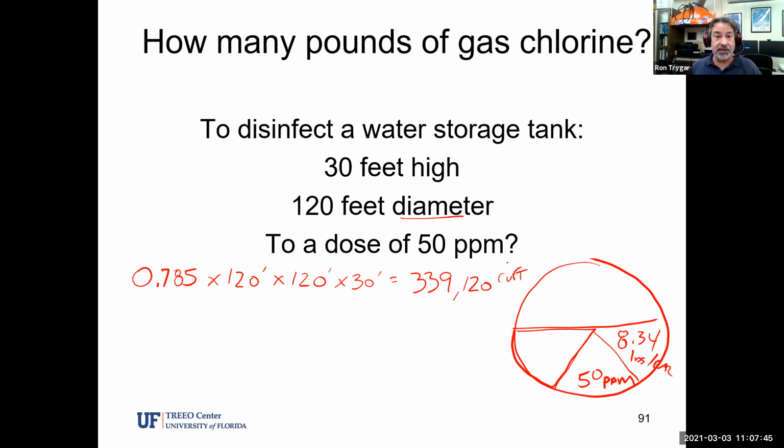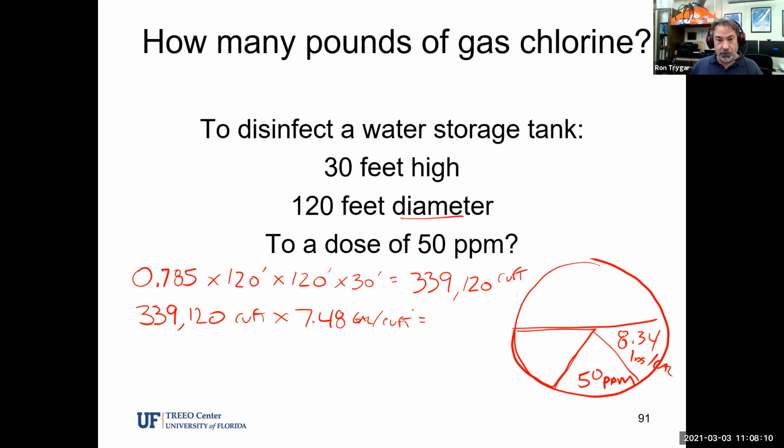All right, so that's one step out of the way. We know how many cubic feet. Now we need to multiply by the amount of gallons in a cubic foot to get it into gallons. So 339,120 cubic feet times 7.48 gallons per cubic foot.